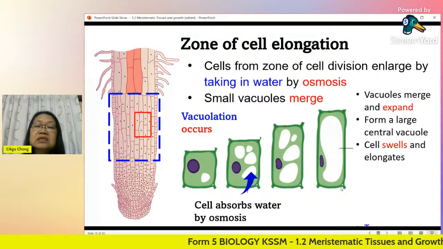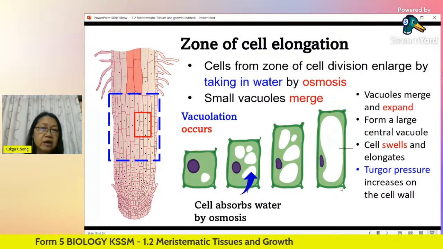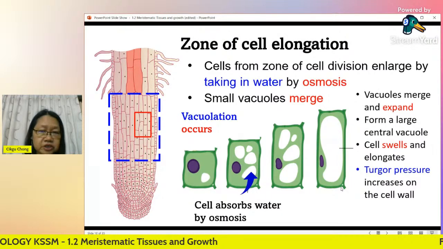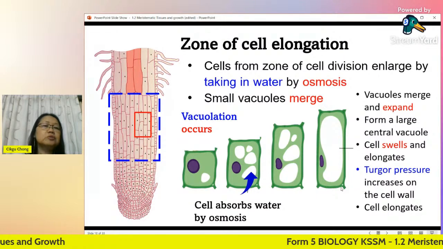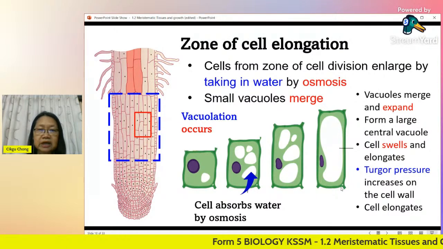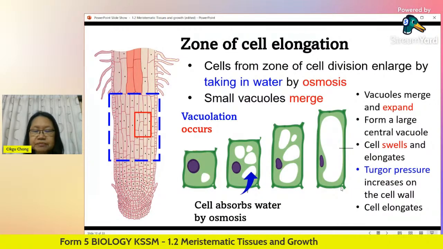We call it turgor pressure. The water goes in, it gives a pressure. That water pressure is called turgor pressure. It increases on the cell wall, and that causes the cell to become longer. So now the cell is longer, and this is the zone of cell elongation.